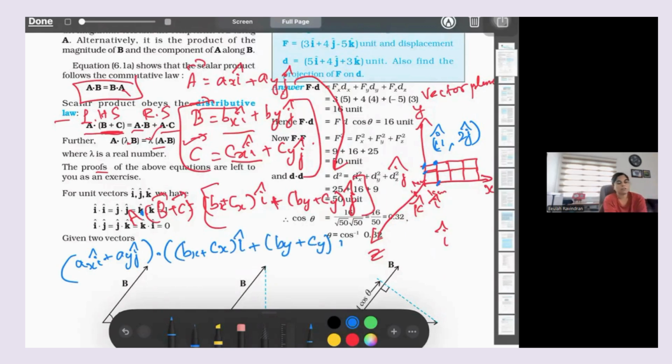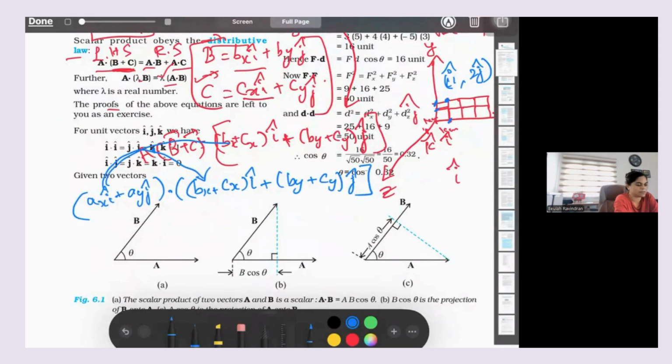Right? So how can you multiply this? You can multiply this first, and then this to this, then this to this to this. You'll be getting products from i to i and i to j also.